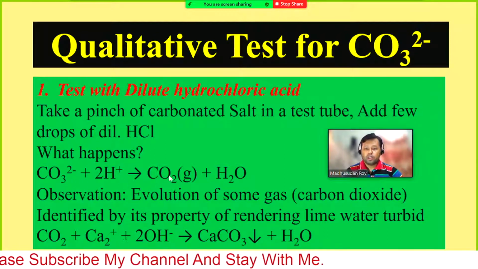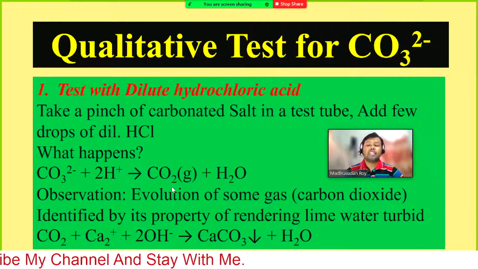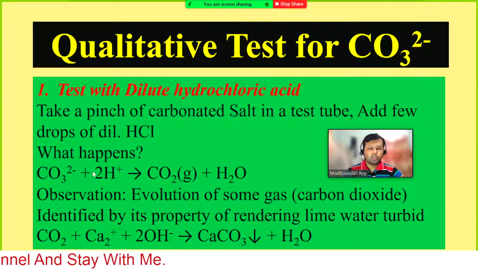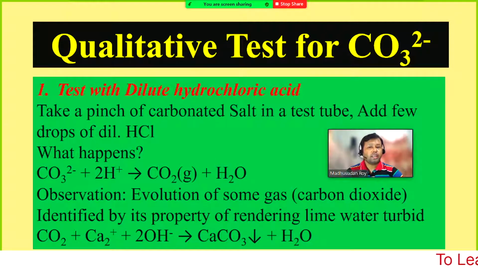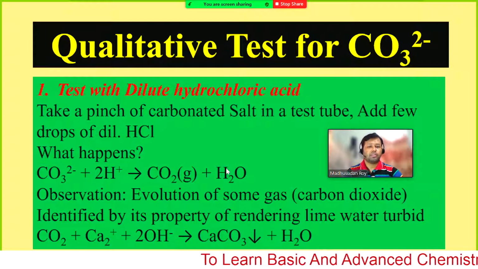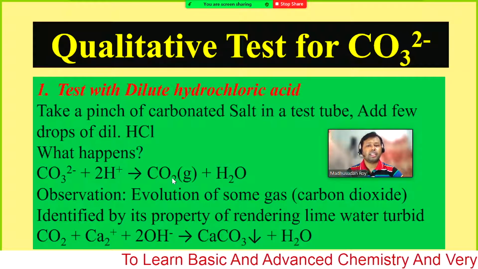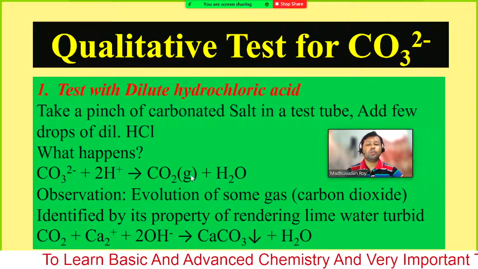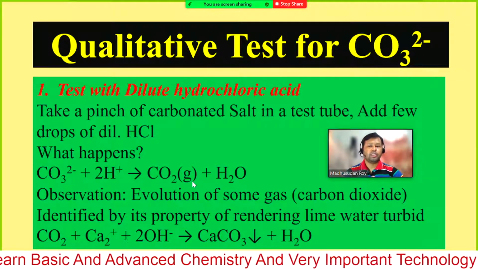So how can you confirm this gas is carbon dioxide? The reaction says we should observe carbon dioxide, but by observing alone you cannot confirm that the gas is carbon dioxide. It can be water vapor or oxygen or something else.